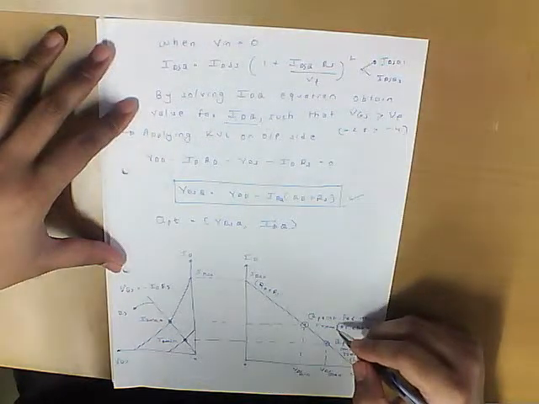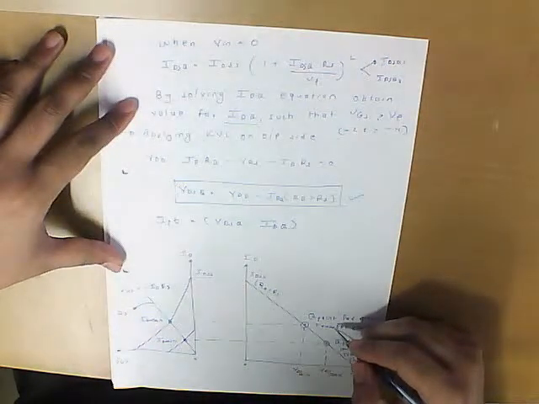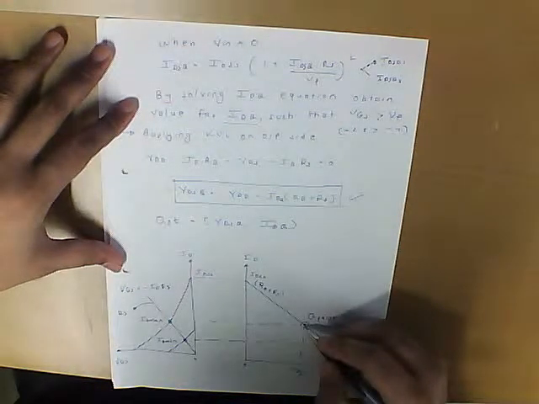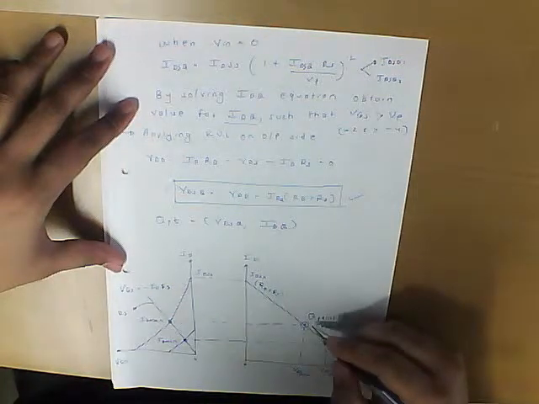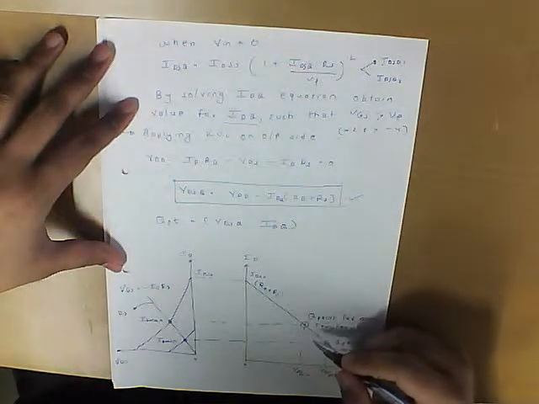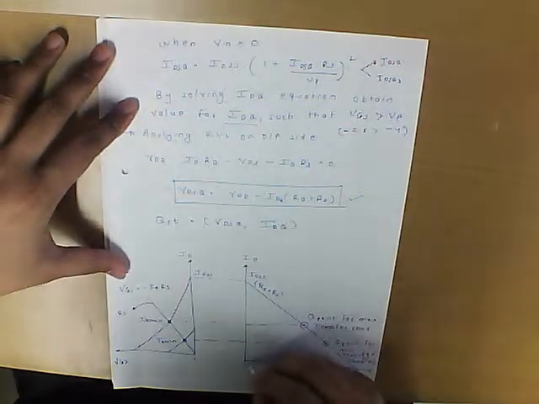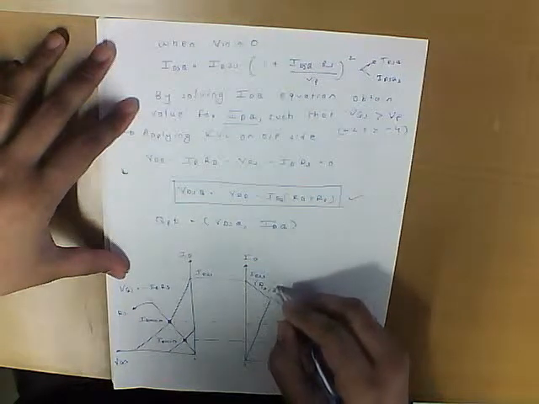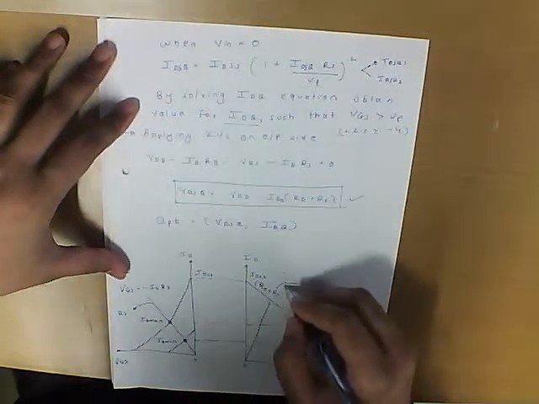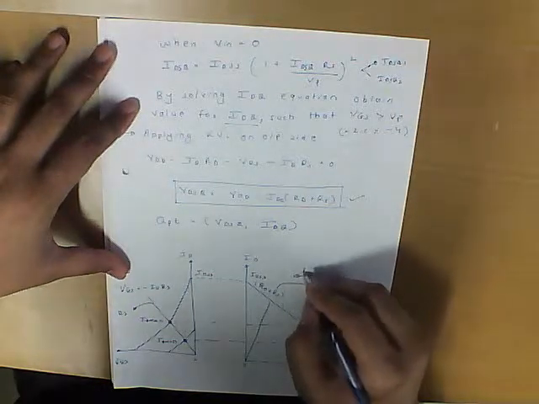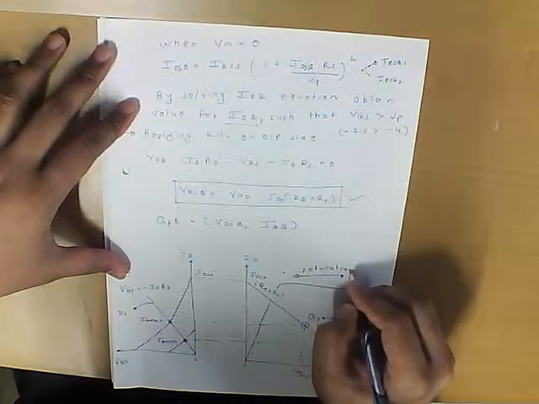However, fixed bias circuit is used in switching applications, because the Q point is near cutoff in the fixed bias circuit, whereas here both the Q points corresponding to maximum and minimum transfer characteristics lie in the saturation region itself. So this is the transistor characteristics that one may have, and this is where the Q point is, in the saturation region.